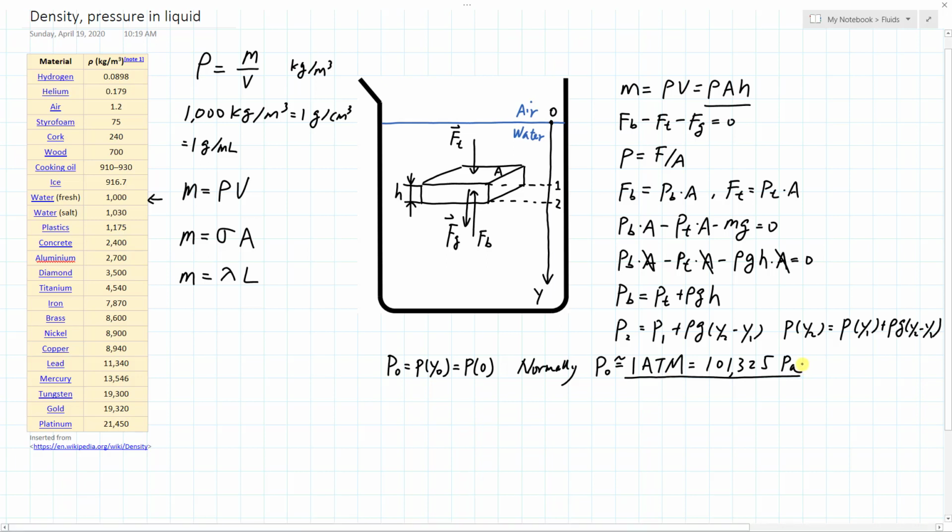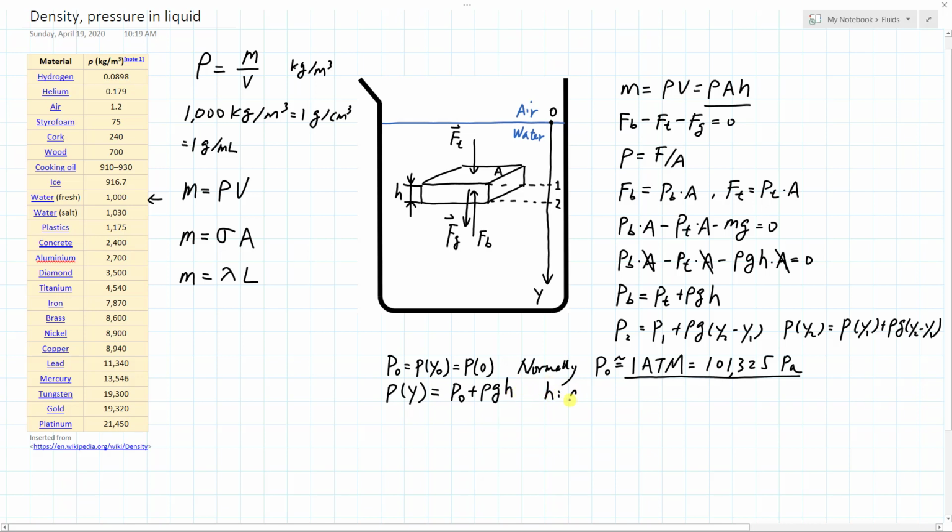So if we use this P0 as our P1 here, then we can make this change. So this P2, or P at a y, will be equal to P1, which is our P0, plus rho g times y2 minus y0, which is 0, so this is a y, or sometimes we just say an h. This h is a depth.